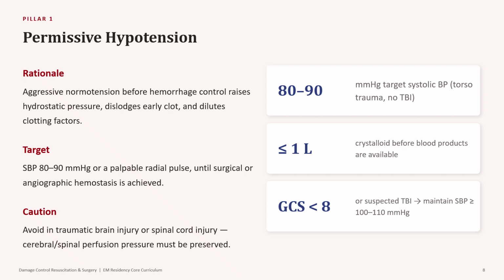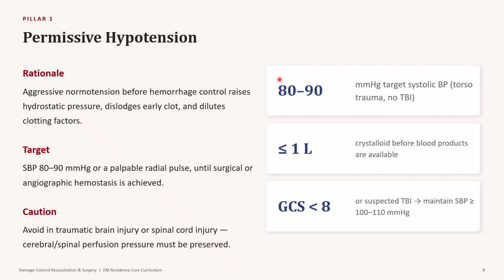Coming to permissive hypotension, the rationale is that aggressive normotension before hemorrhage control raises the hydrostatic pressure within the capillaries, which dislodges early clots that are not yet stabilized and can dilute the clotting factors.